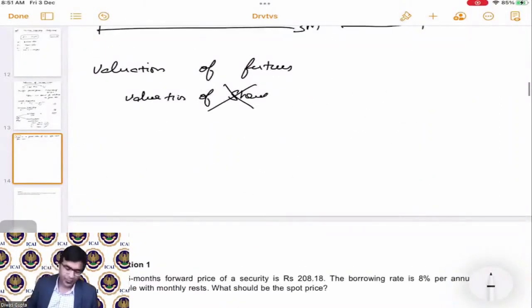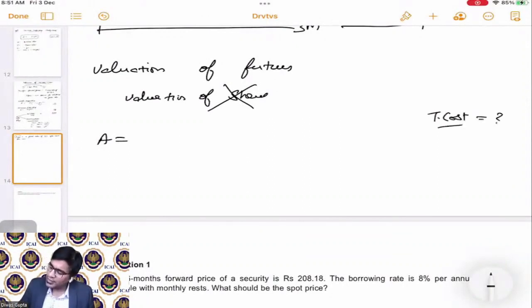Now, in this only, let me also say that if there is a transaction cost involved, transaction cost we always add to the price of security. Okay, the transaction cost always needs to be added to the security price, correct? If in the spot market also we pay any transaction cost, for example, stamp duty, that will get added to the purchase price.